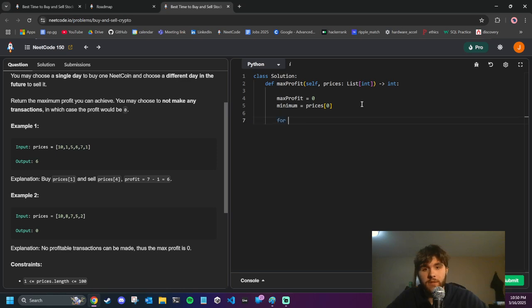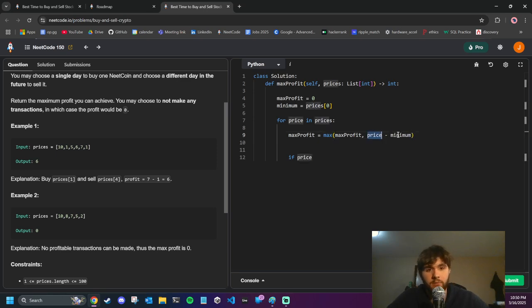And then we'll say I equals 0. I don't think we need the index value, so we could say for price in prices. Okay, so first we want to probably calculate the profit. So I guess we could say max profit equals the max of itself and price minus minimum.